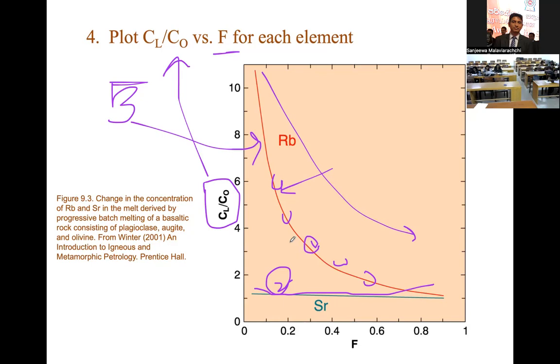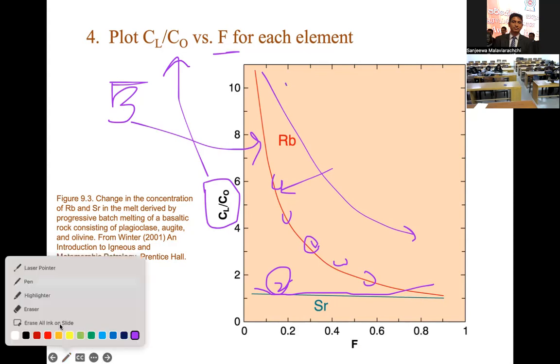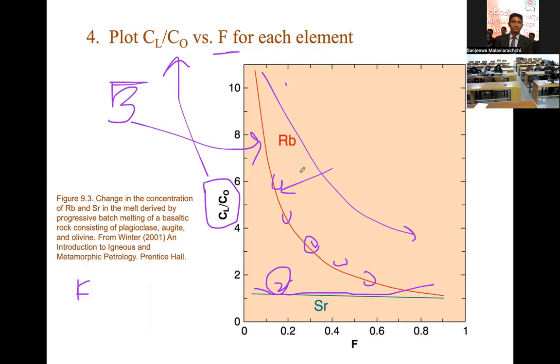rather than any other type of melting, because you have other types of melting, and they also have different melting equations, right? If you calculate, you might end up with a different curve, which is not your rock's behavior.